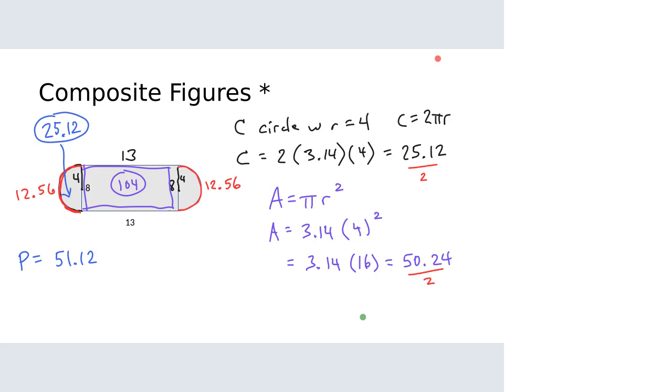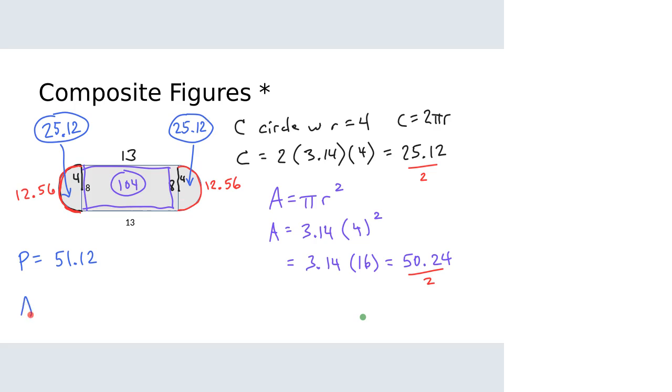Now I need to go to the other side over here, and well, here I've got a circle with a radius of 4. I would like the area, I can find the area of the whole thing, and then I need to cut it in half. Well, you know, it's exactly the same as the one on the other side. So the area of that is also going to be 25.12.